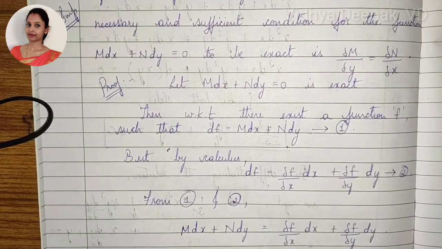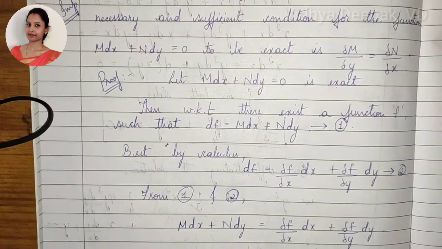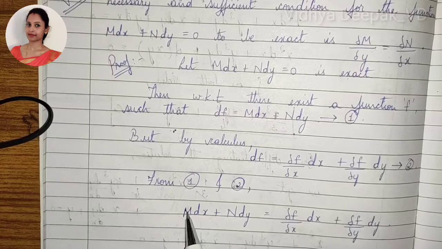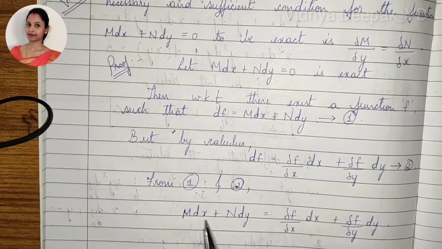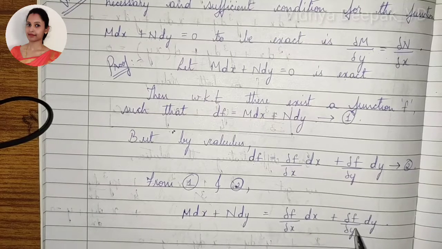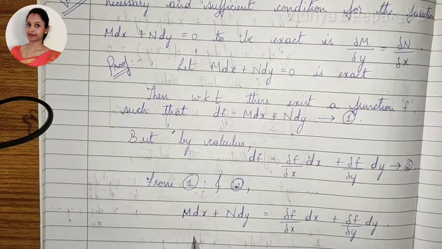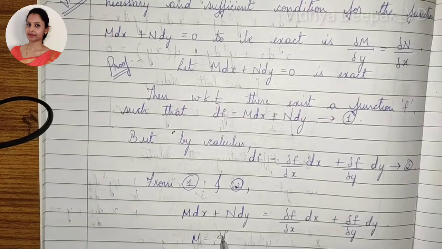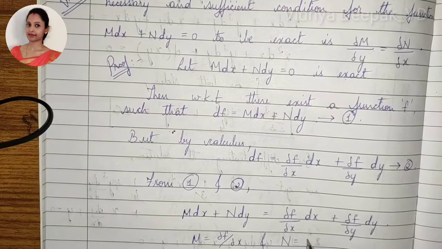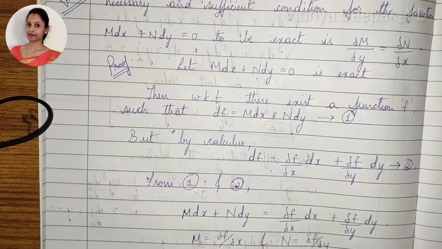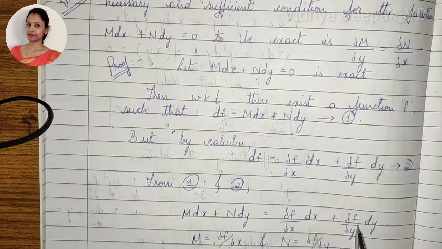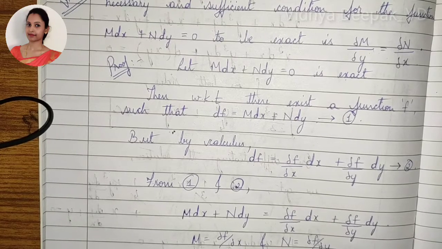Now if you observe properly, you can compare these two. Can I say M is equal to dou f by dou x and N is equal to dou f by dou y? Yes, from this we can say that M is equal to dou f by dou x and N is equal to dou f by dou y.